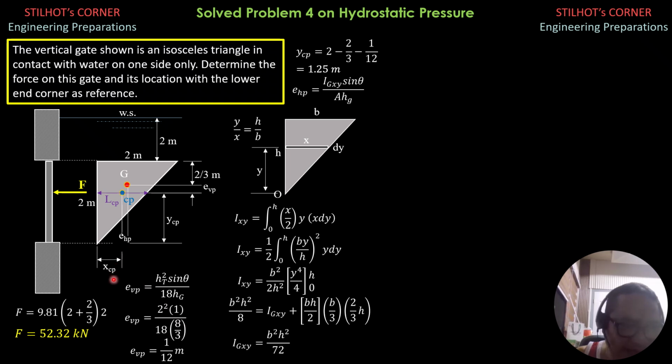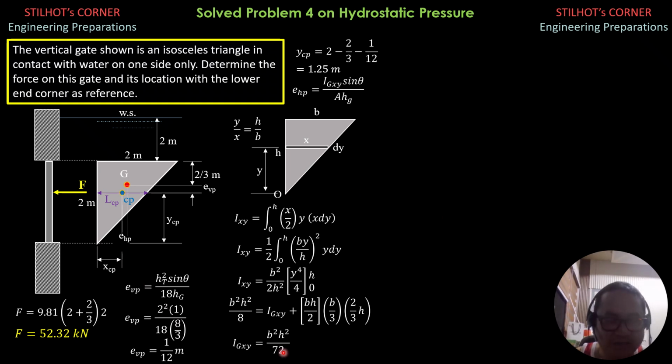So x sub CP is 2/3 minus e sub HP, because the force is acting here. For the moment of the force about this centroidal y-axis to be positive, it should lie to the left by right thumb rule. So if it is negative, the force should lie to the right for that case.